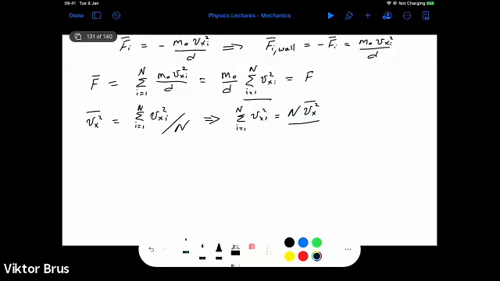With this, we can substitute this sum from the previous equation with this new definition of the sum. So we will get force. Now I don't write average because we remember that it will actually be the constant force. F equals m0 divided by d times N Vx square average.